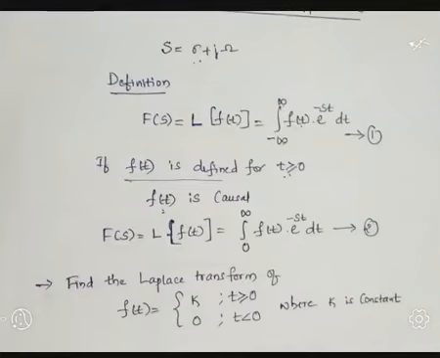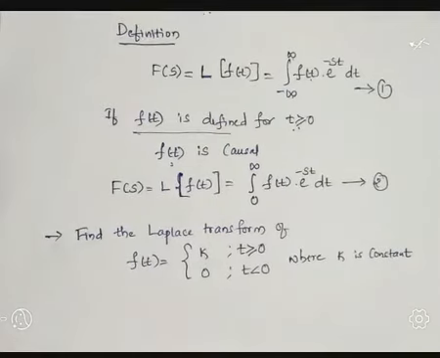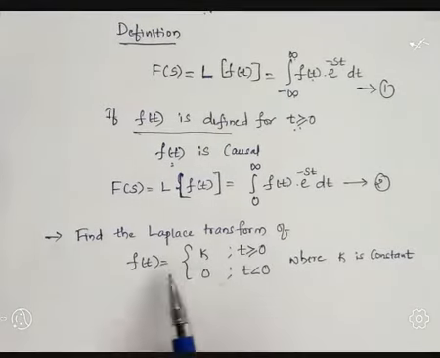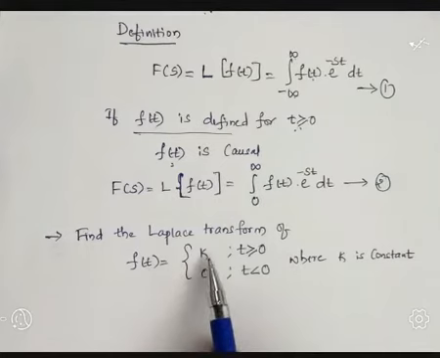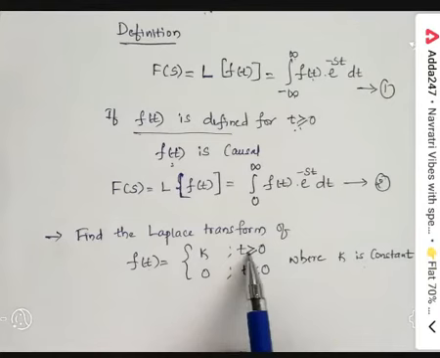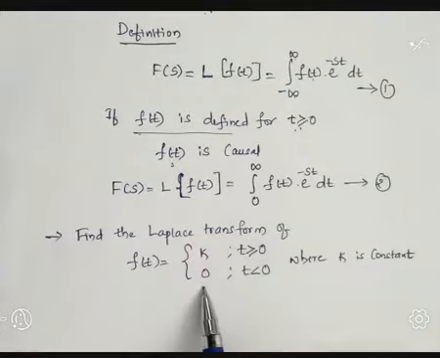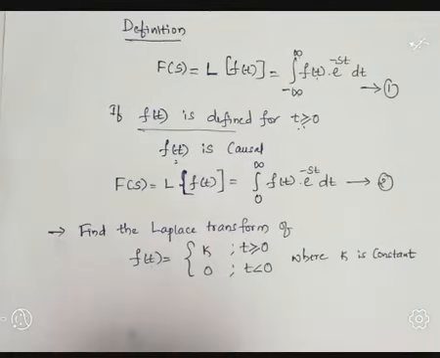So it is the given numerical problem, and for this given function we have to calculate the Laplace transform. The function f of t is equal to k, a constant term. It is present only for the duration t greater than or equal to 0, else it is 0.